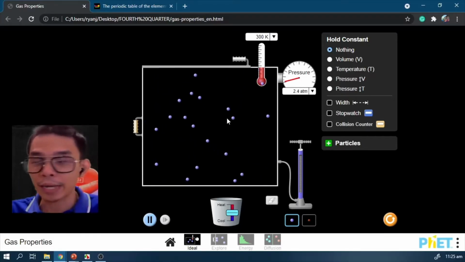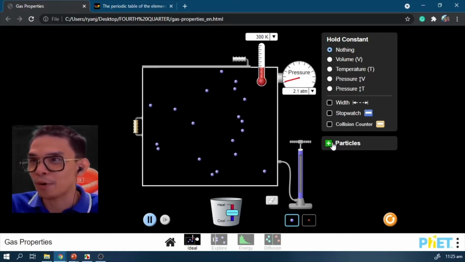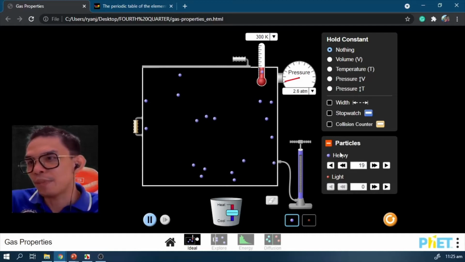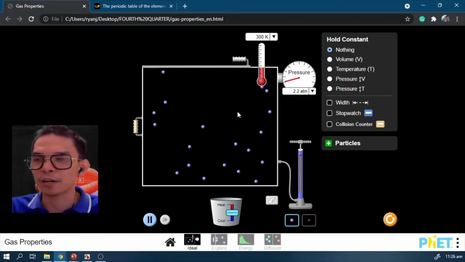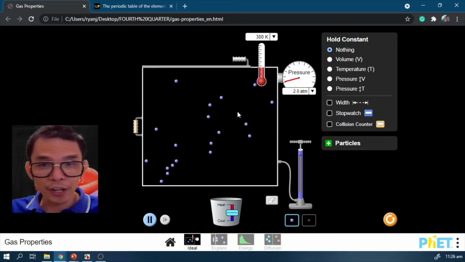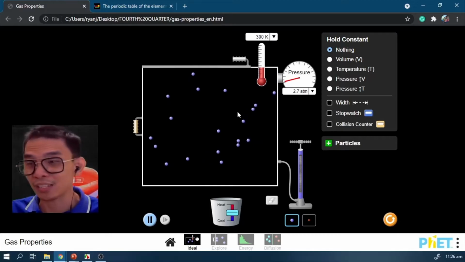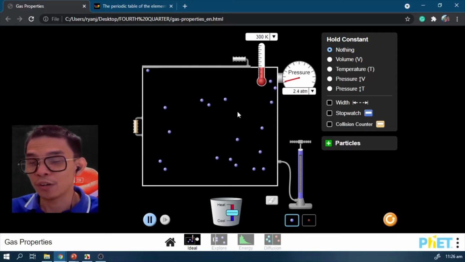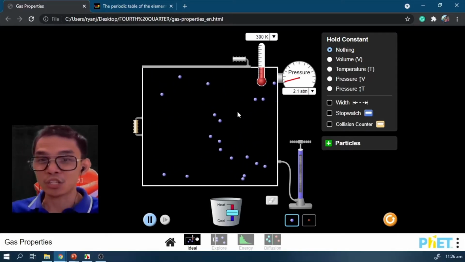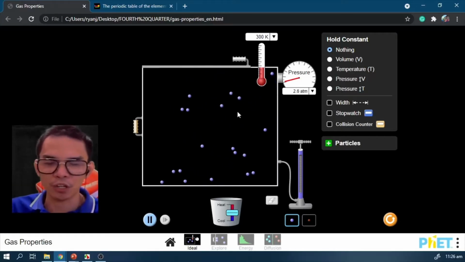They are scattered, and they are few. As you can see here, we just have 19 molecules. Since there are few, we can treat the volume as dimensionless. There's no volume here, so the volume is negligible, zero.